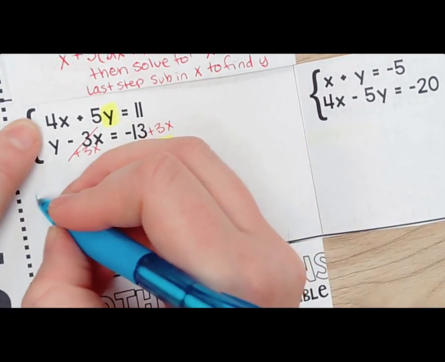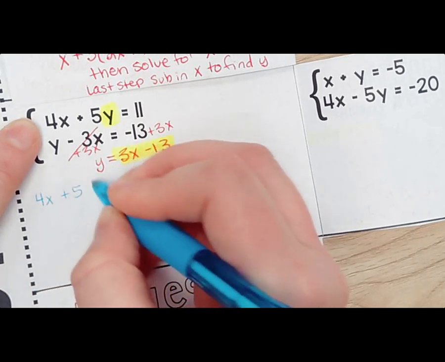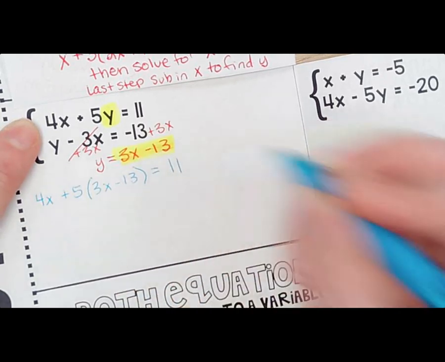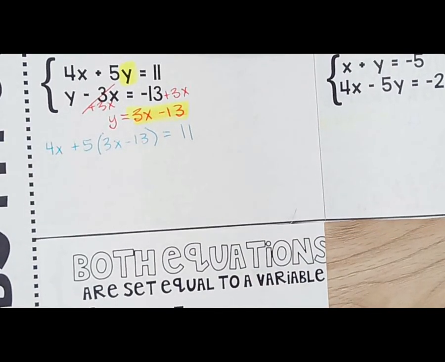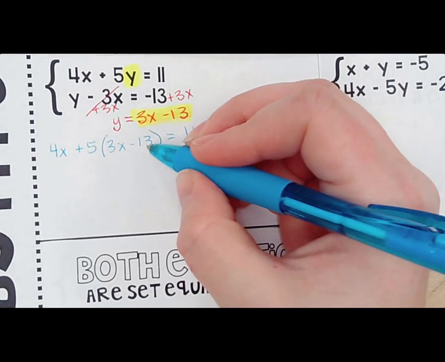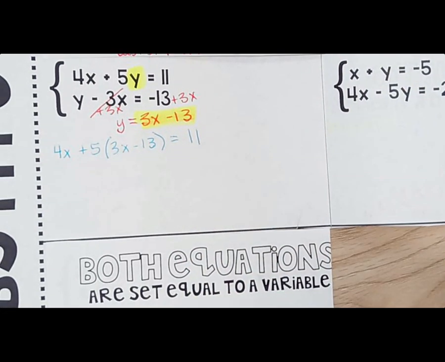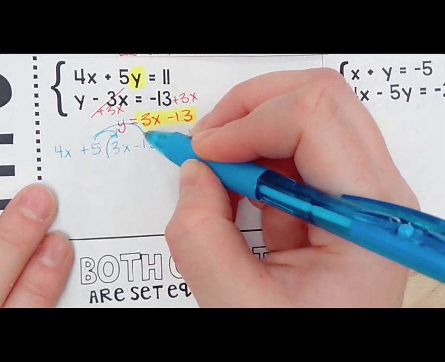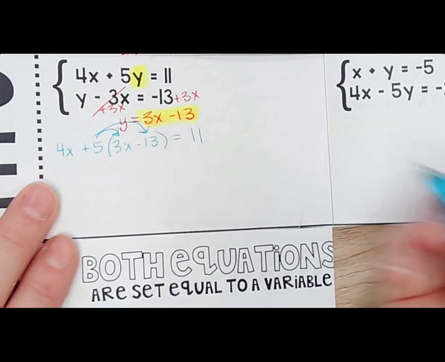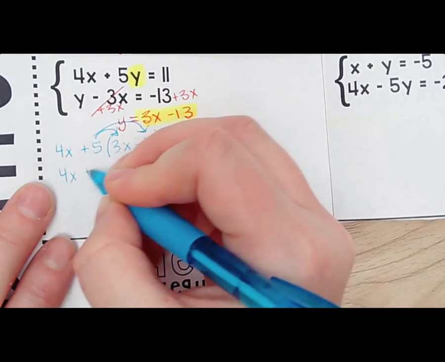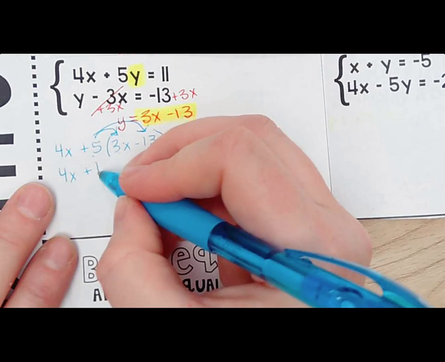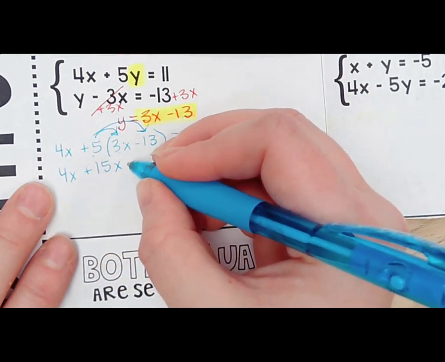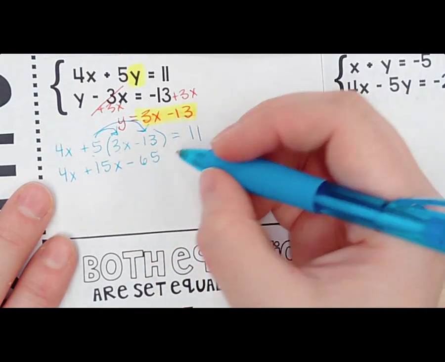So this y is going to be replaced with that 3x minus 13. So we're using this 4x plus 5 times 3x minus 13 equals 11. So we want to distribute. We have 4x plus 5 times 3 is 15x. 5 times a negative 13 is negative 65 equals 11.